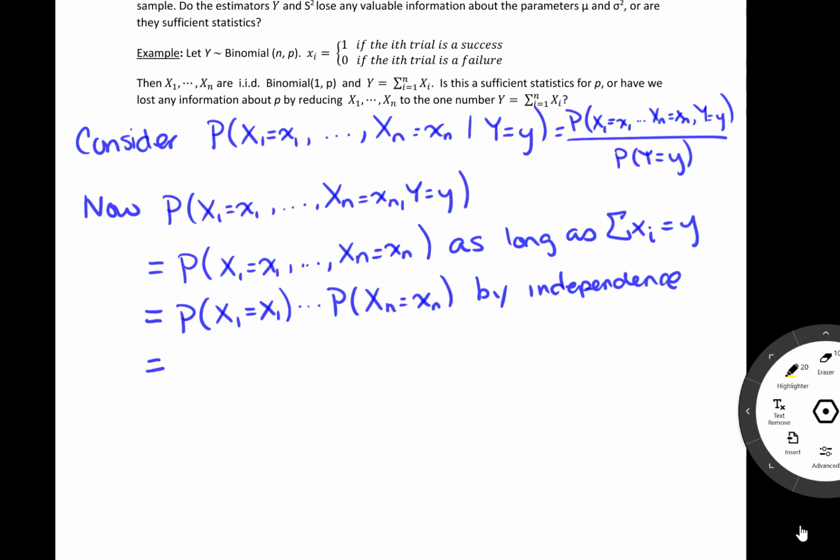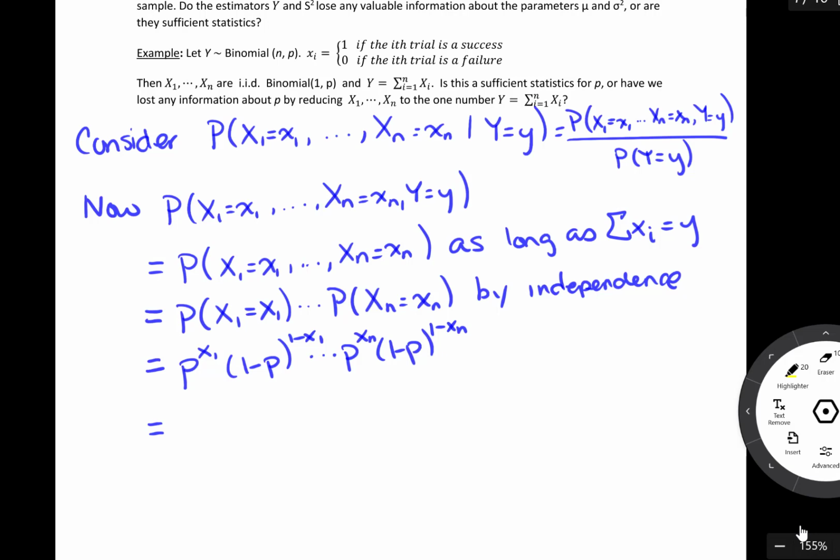So we know that the probability that capital X is equal to little x is equal to p to the x1, 1 minus p to the 1 minus x1. And again, this is because these are distributed binomial 1, p, or you could just say Bernoulli p. And then we have p to the xn times 1 minus p to the 1 minus xn.